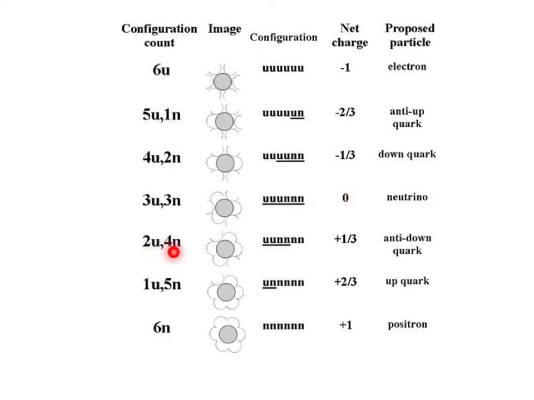A 2U, 4N configuration gives us a net of 2/6 positive, or +1/3, which matches the anti-down quark's charge. A 1U, 5N, cancel out, leaves us a positive charge of +2/3, matches the up quark. And finally, our last orientation, all 6 are N, gives us a +1 charge, and that matches the positron.